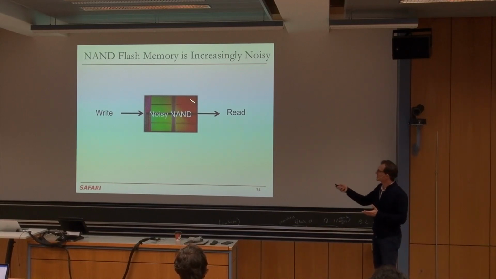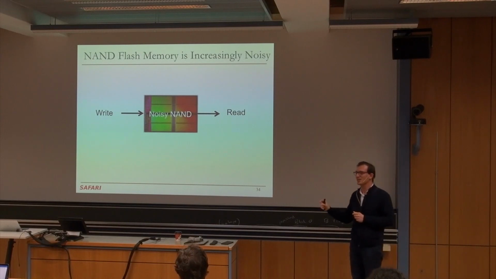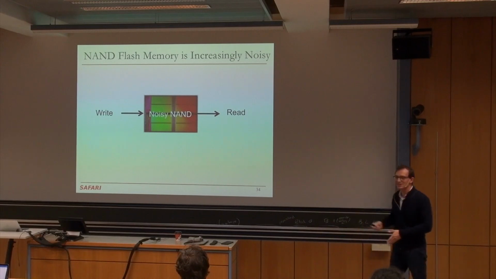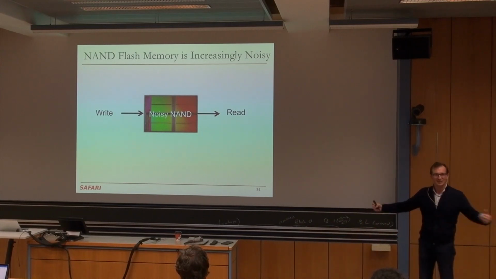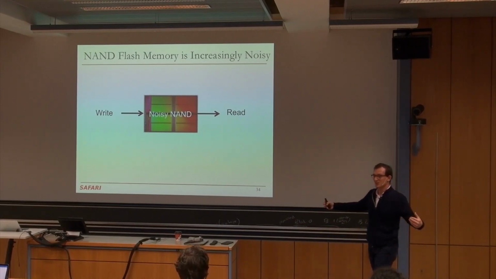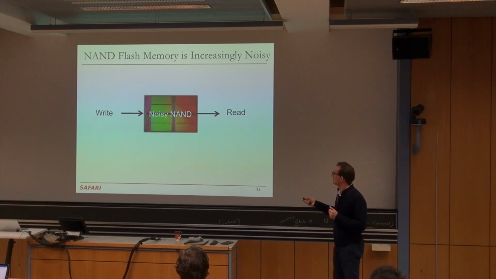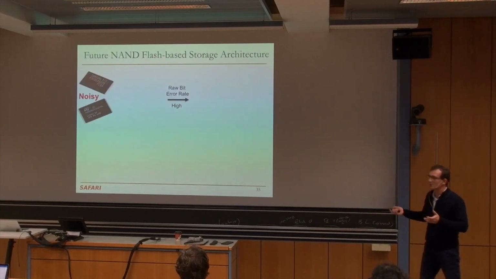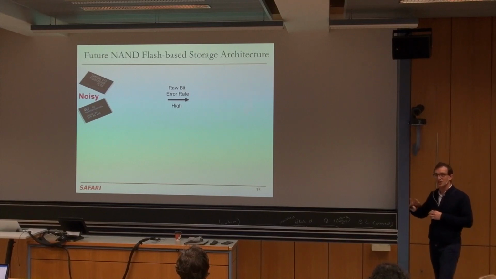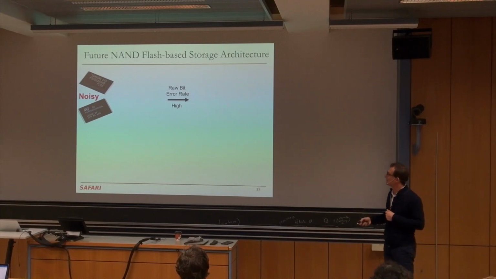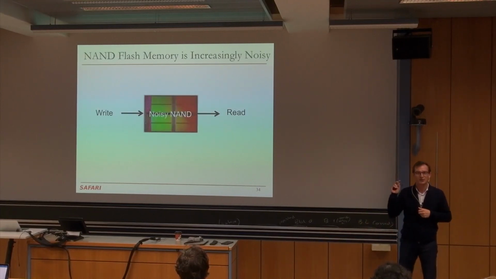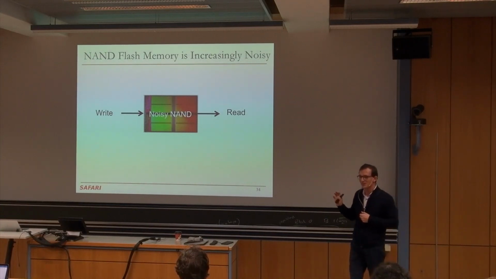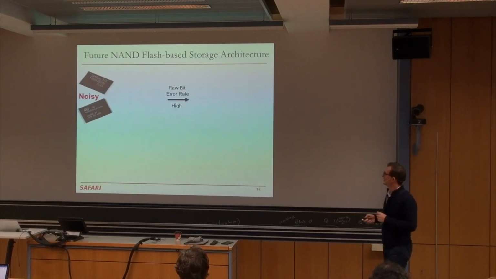You transmit on this end, and you read on this end, and things happen in between, and you can model what those things are. But a lot of things happen in between. So let's talk about that. It's a noisy communication channel. That's why I think communications people look a lot into memories as well. I think this is a very good approach, to examine memories as communication channels.